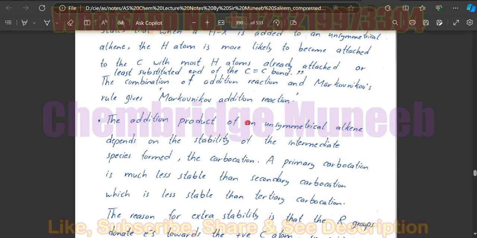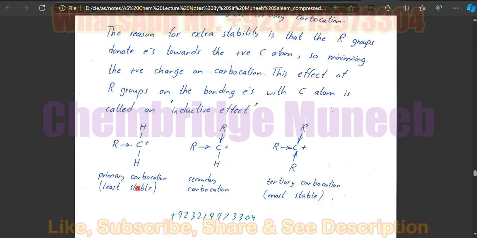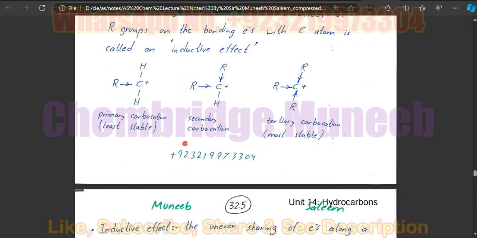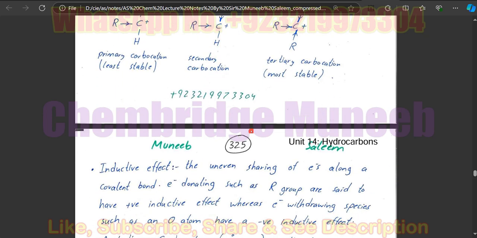In this topic we covered how we can order the stability of primary, secondary and tertiary carbocations.